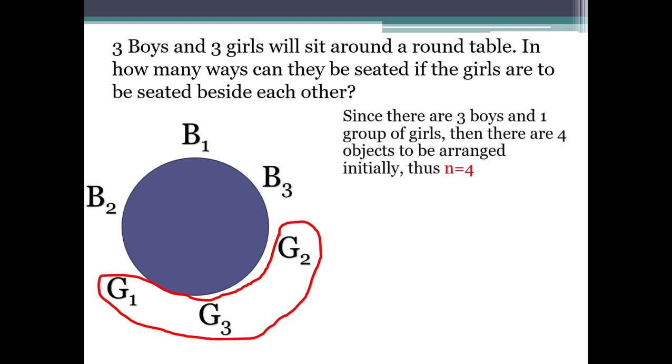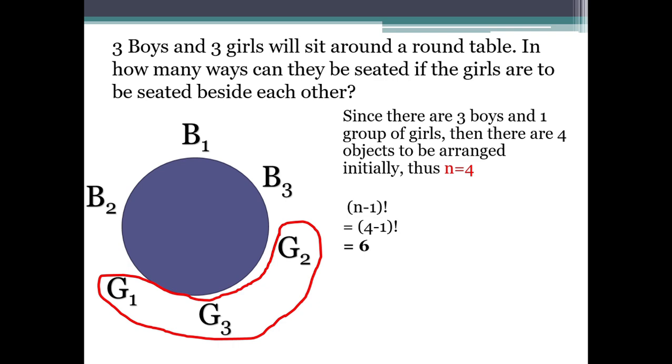We have 3 boys plus 1 group of girls. So there are 4 objects to be arranged in a circular manner. Therefore we calculate n minus 1 factorial, where n is 4, so we have 6 arrangements if we consider the girls as 1.